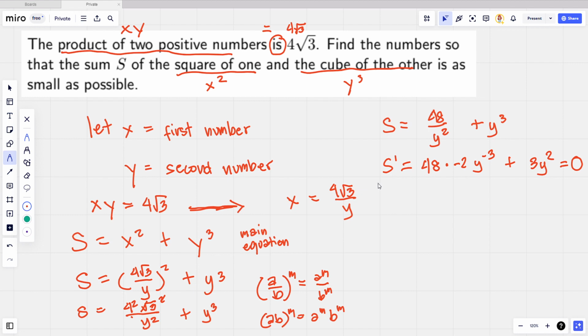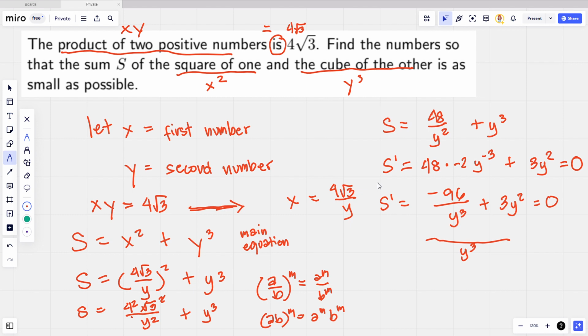So we have 48 times negative 2, which is negative 96. So S prime is equal to negative 96 over y cubed plus 3y squared, and that's equal to 0. Simplifying, we use y cubed as the LCD so that we can make this into one fraction and cross multiply later on.